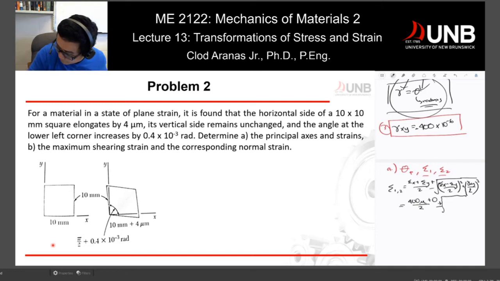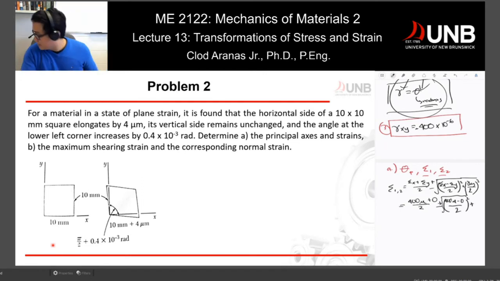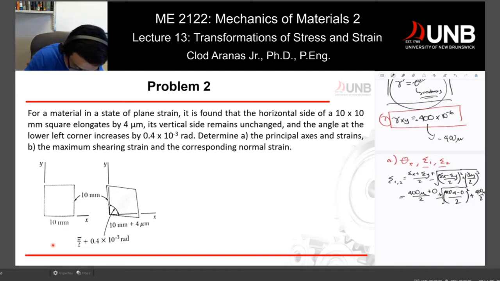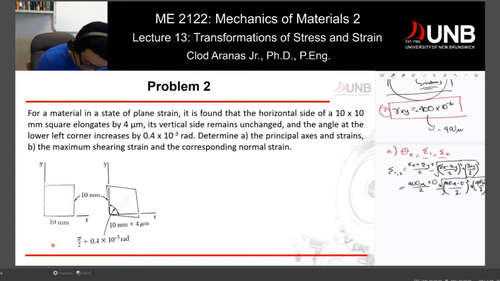So the square root of 400 mu minus 0 divided by 2 squared, plus the shear strain xy, which we calculated as negative 400 mu, divided by 2 squared. Maybe you can see it, but you can at least see the 400 right there. And I'll send this file as well, so that should be all right.